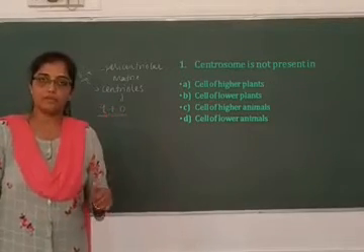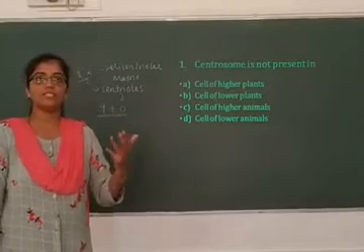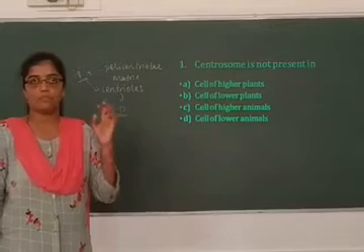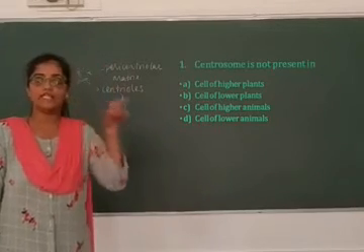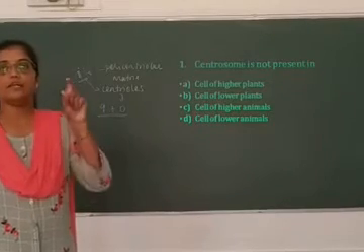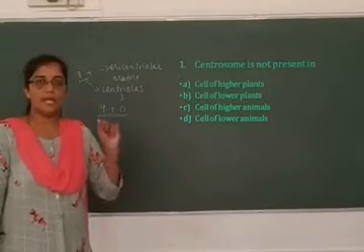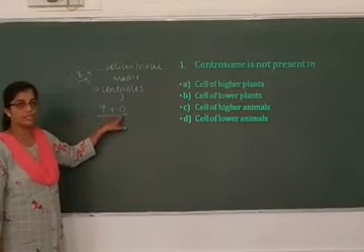Triplet means 3 subunits of tubulin protein will be present in each unit, and around 9 such units are arranged peripherally. At the center, the tubulin proteins are absent, so the arrangement is called the 9 plus 0 arrangement.